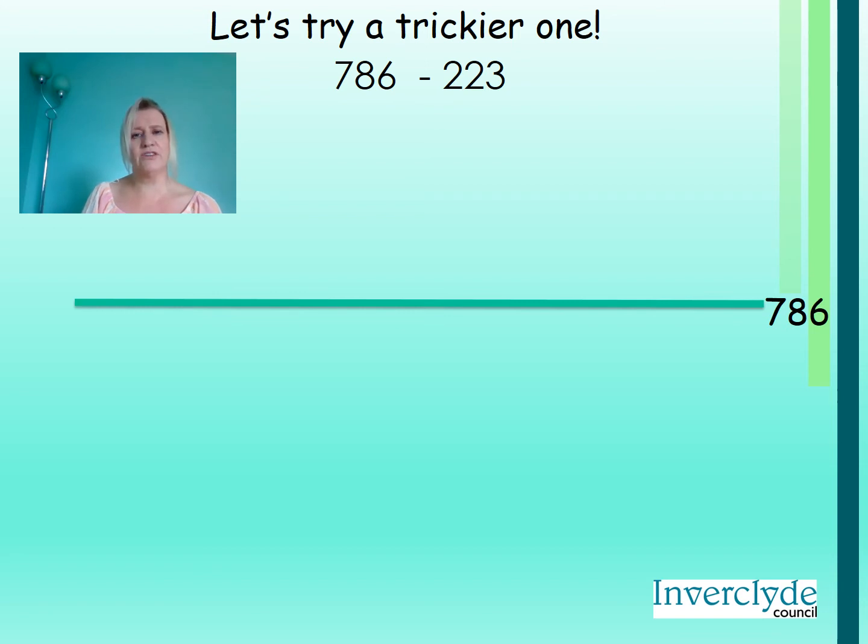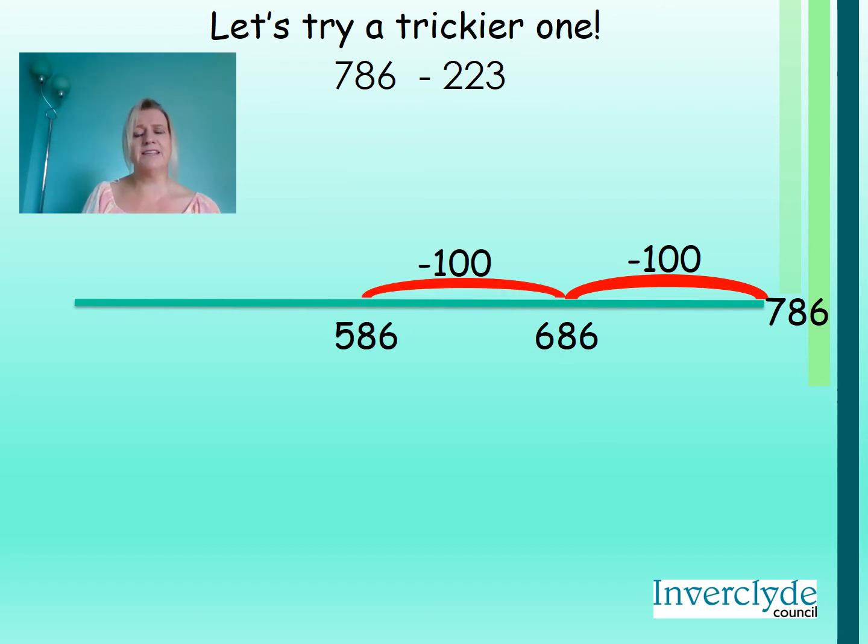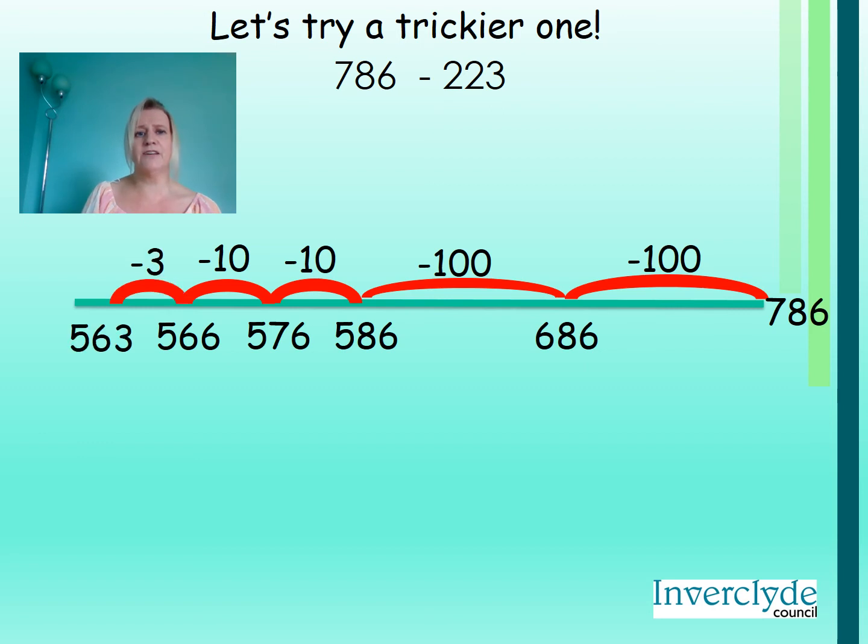I'm starting with 786 and the first thing I'm going to do is take off 100 to give me 686. I can then take off another 100 to get to 586. I've still got another 23 to take off, so I'll take off 2 tens to get to 566 and then take off my 3 to get to 563.